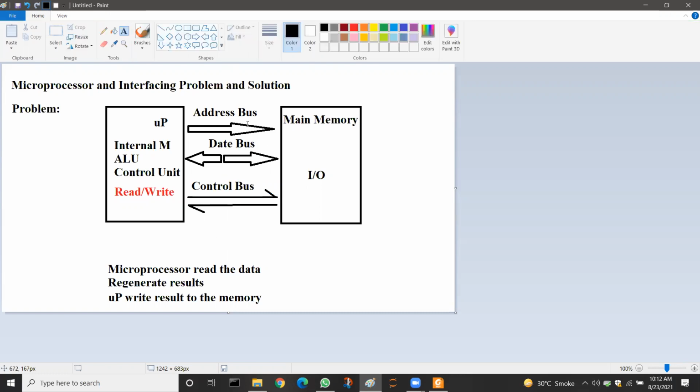This is the paradigm, and this is primarily the main problem, and this is the solution for this problem. But this solution is limited, so we need to expand it so that we can attach a number of devices.